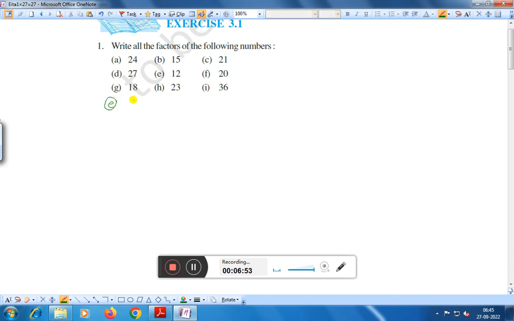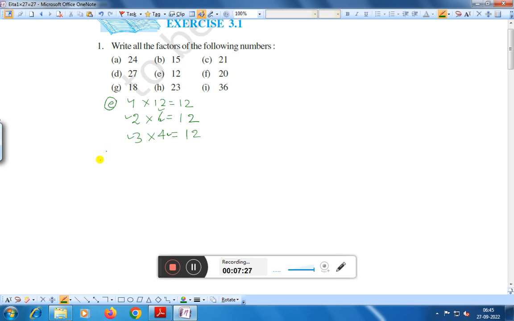We are finding the factors of 12, that is 1 into 12 is equal to 12. 2 into 6 is equal to 12. 3 into 4 is equal to 12. Then we are repeating again, 4 into 3 is 12. Therefore, no need to do that again. Therefore, the factors of 12 are 1, 2, 3, 4, 6 and 12.